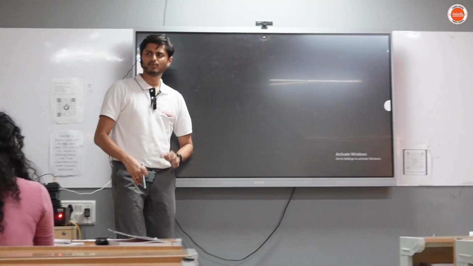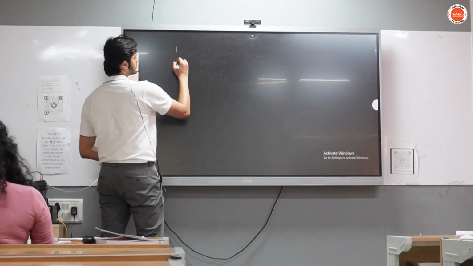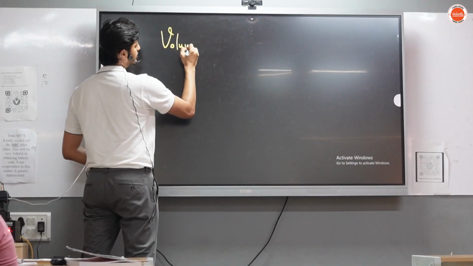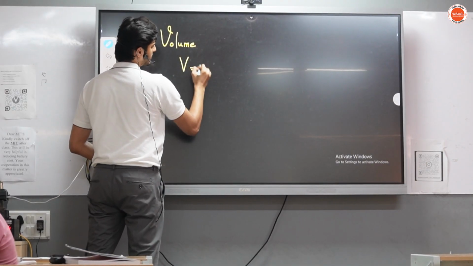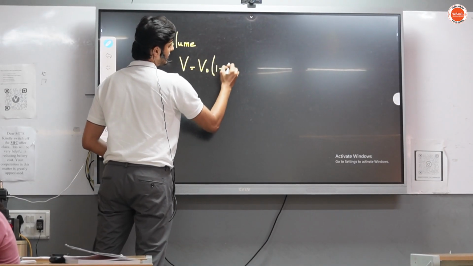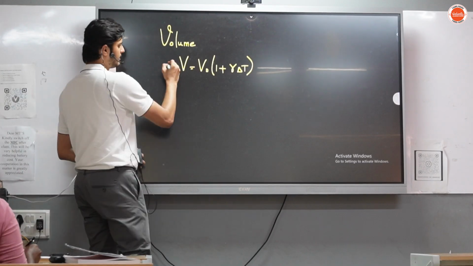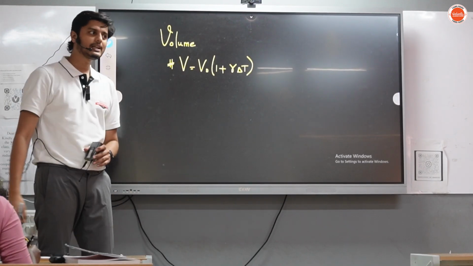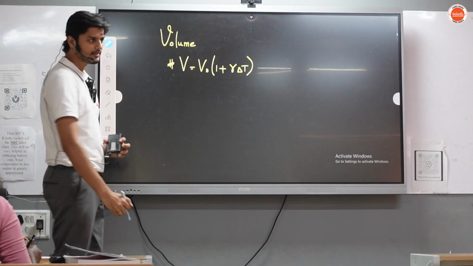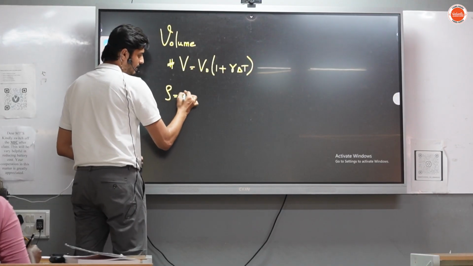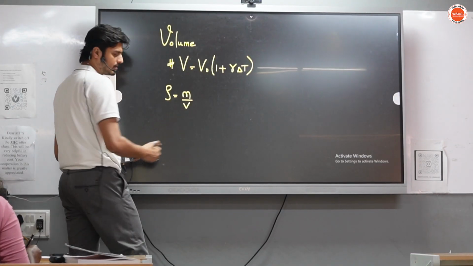Simple then. Now volume variation, you already know. New volume equals original volume into 1 plus gamma delta T. Now, how does density change? Density equals mass by volume.